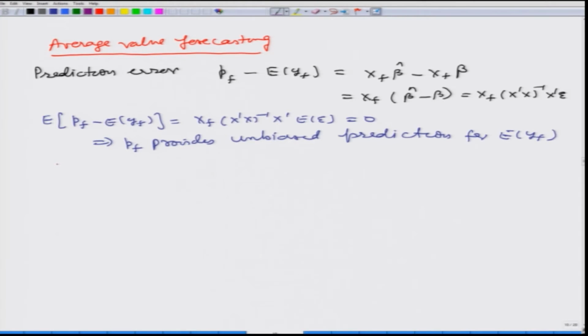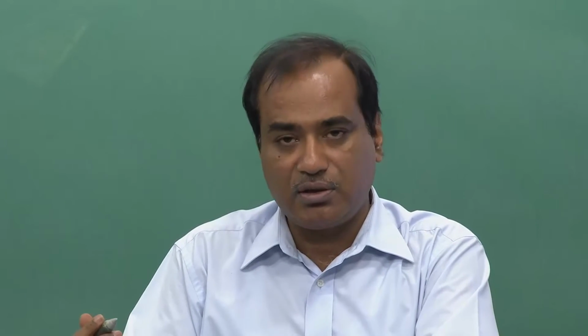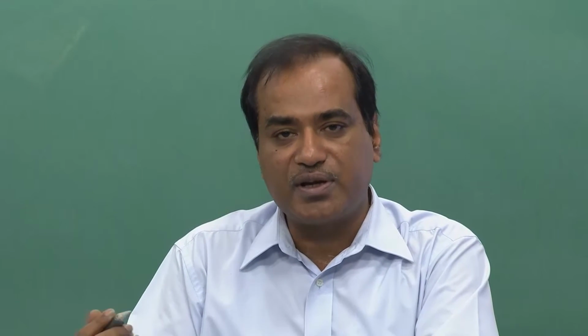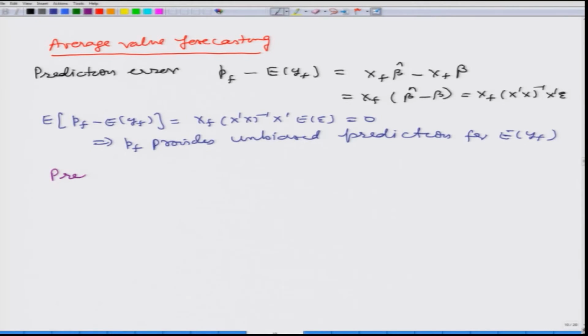Now, we have to find the predictive variance. In the earlier lecture, we had found the predictive variance directly, but in this lecture, just for the sake of illustration, we will find the predictive covariance matrix first, and then we will take its trace to find out the predictive variance. So, let us find the predictive covariance matrix.